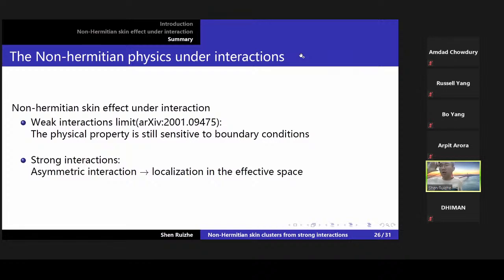In our model, the behavior of the skin effect is that we found the localization of the cluster in the effective space, not the physical space. So I think this approach is much easier for the skin effect in interacting systems.